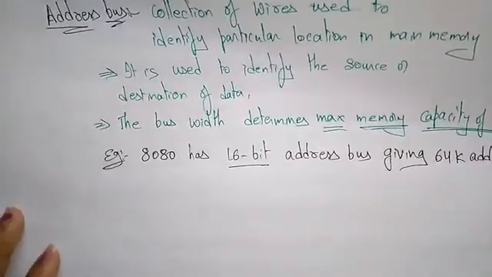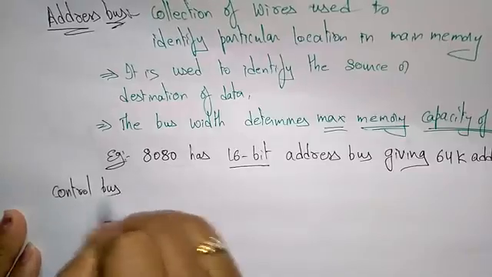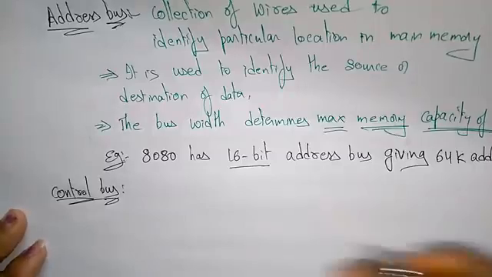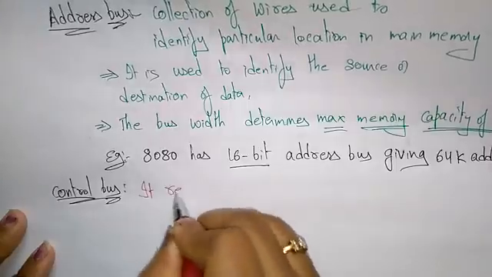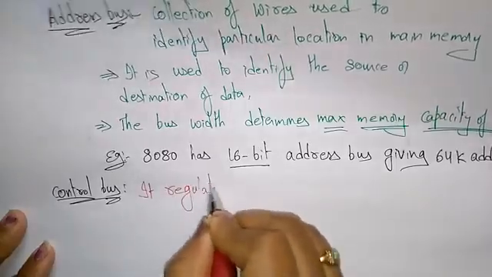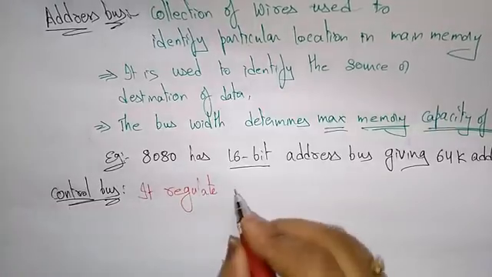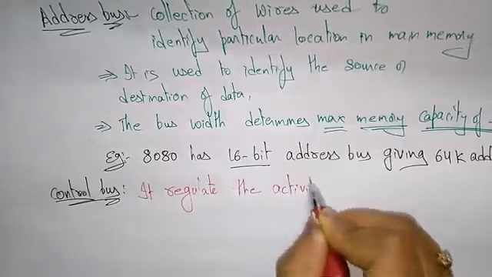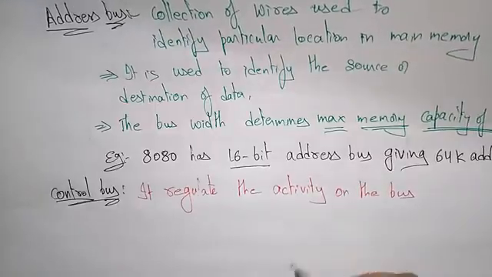Now coming to the next, that is the control bus. What is the use of the control bus? The control bus is nothing but it regulates. I already said it always monitors all the address and data buses. So it regulates the activity on the bus.